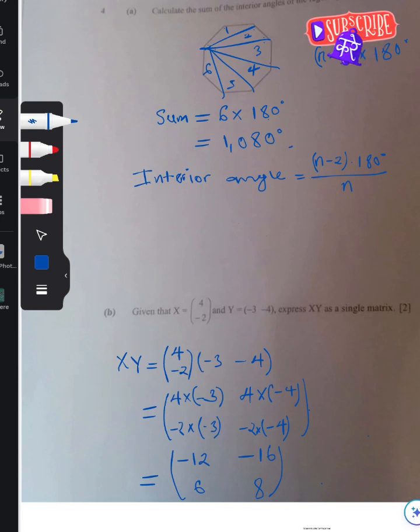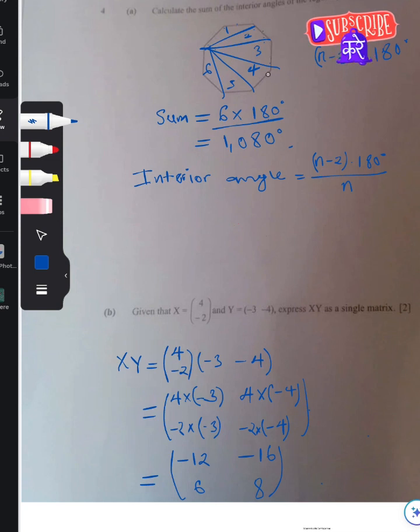You are just going to say n minus 2 multiplied by 180 divided by n. This is just a formula, so where is it coming from? You can observe that this n here is the number of sides. So the first part of the formula is n minus 2, which is the number of sides minus 2.